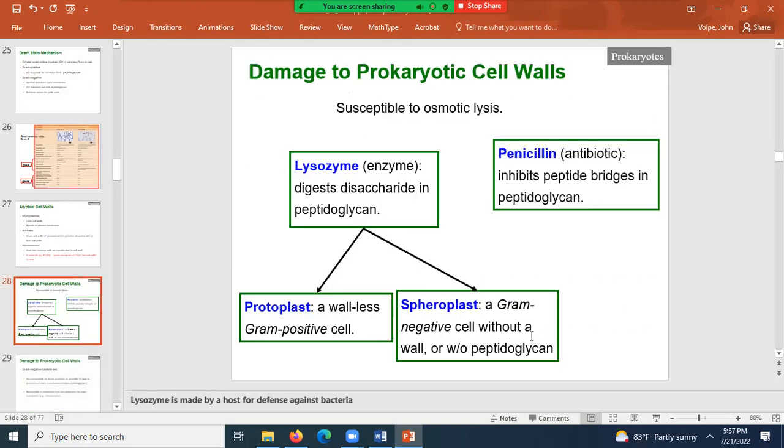You don't need to know the different terms, but you should know that you can damage the cell wall of the prokaryotic cell. And I've actually already told you one way.